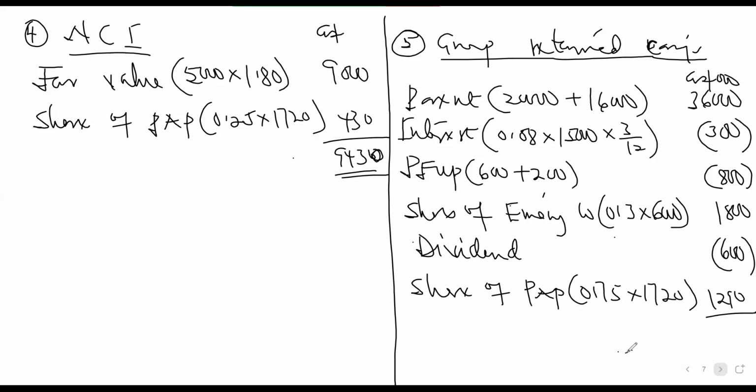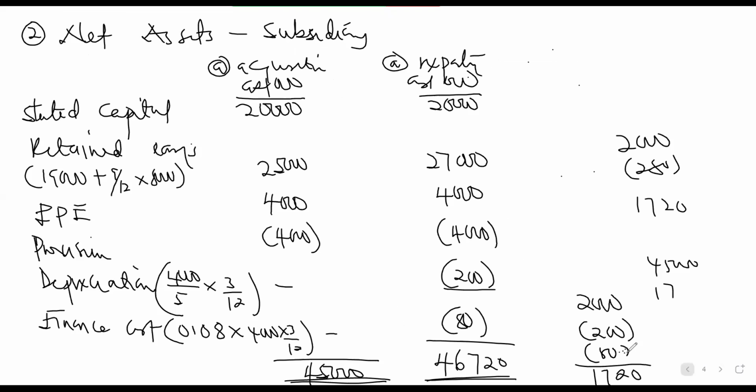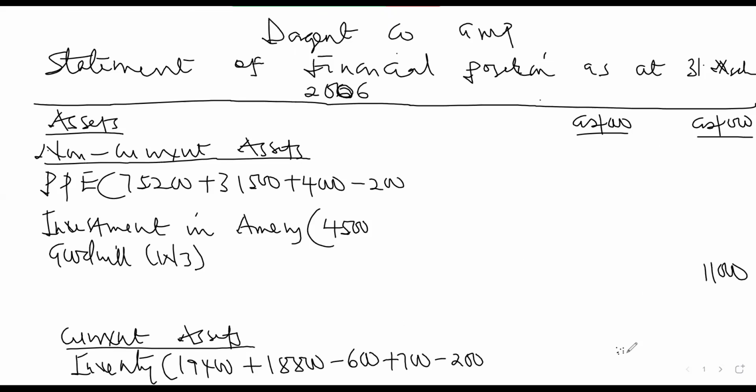1,290. Okay, total it. Let's come here. This will be 5,700. So plus 1,200. So 5,700.